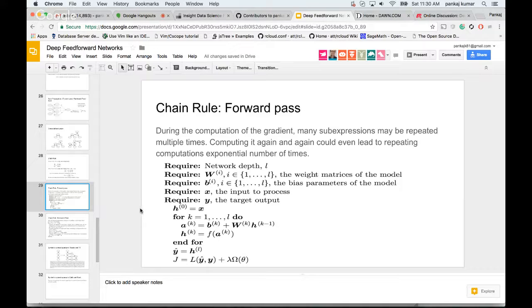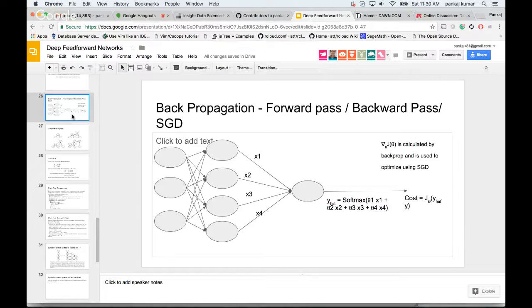And then H is a nonlinearity, the sigmoid or tanh, applied to that A. And then there is a y hat at the end, which computes the final softmax, for example.